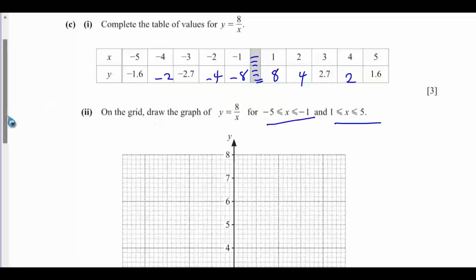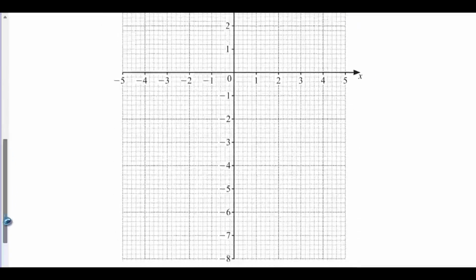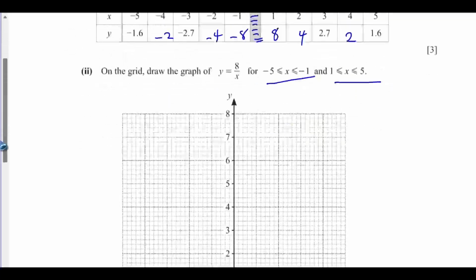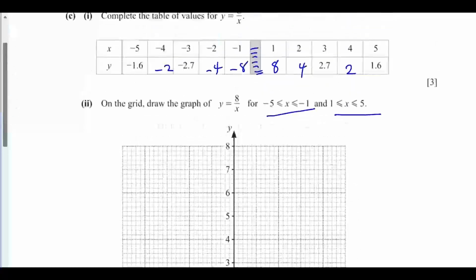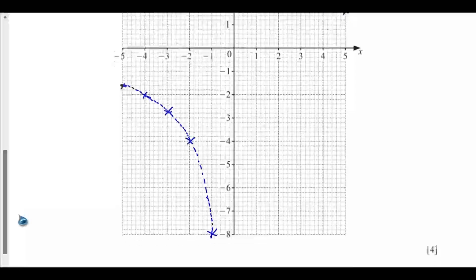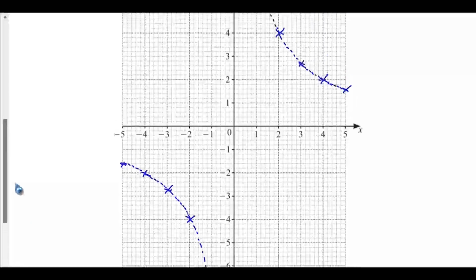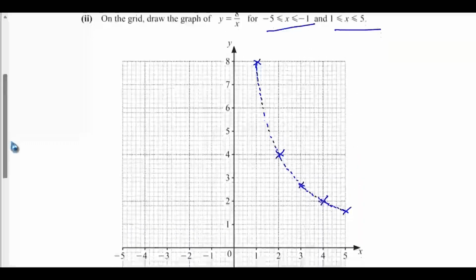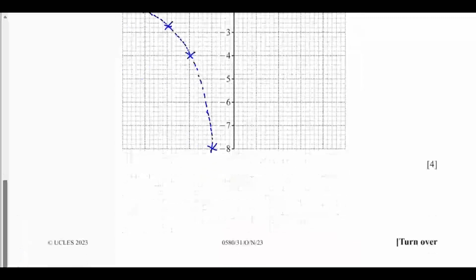I'm going to draw that and show you the output because I have to be scrolling up and down. So this is what we're going to have. See the first one here and the second one over there. So let's see the next question.